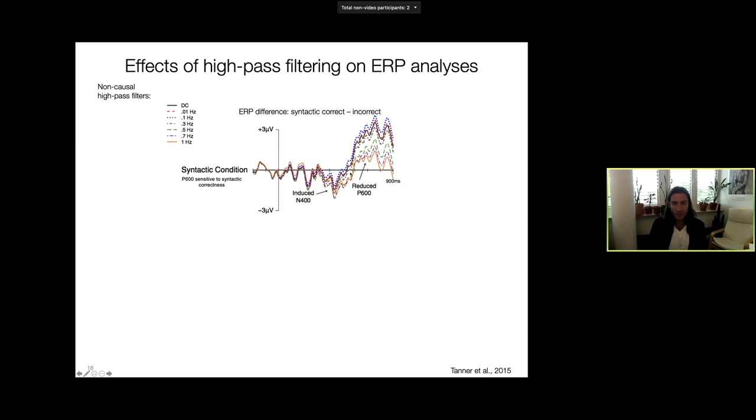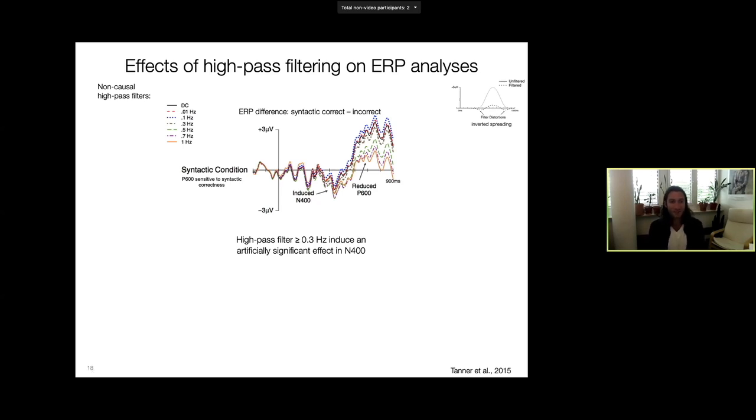You see a reduced P600, but very importantly, you induce new N400 differences, which are actually not really there. And this is because of what I showed you before, those inverted spreading. And this also has an effect on your statistical analysis.